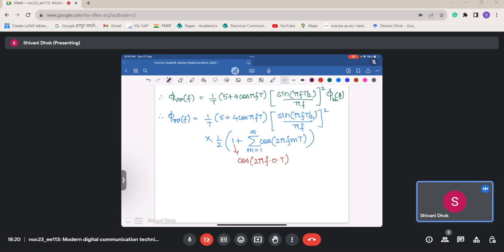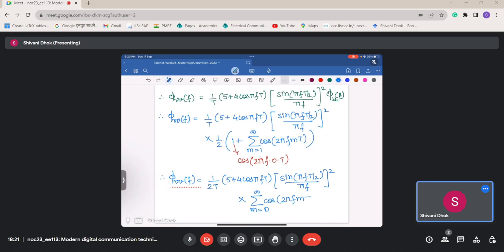So I can rewrite this equation as phi BV of f as 1 by t, I am taking this 2 and this 1 by 2 and this 1 by 2 together, multiplied by 5 plus 4 cos pi ft multiplied by sine pi f capital T by 2 upon pi f whole square multiplied by summation m running from 0 to infinity cos of 2 pi fm capital T. So this is the value of the PSD of that information bearing signal, which was Vt.